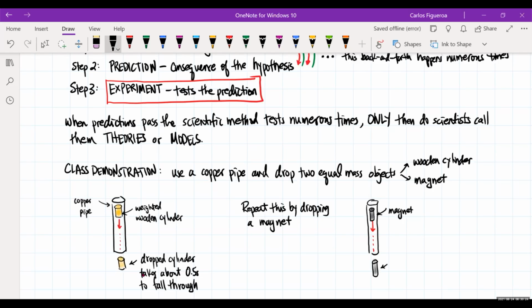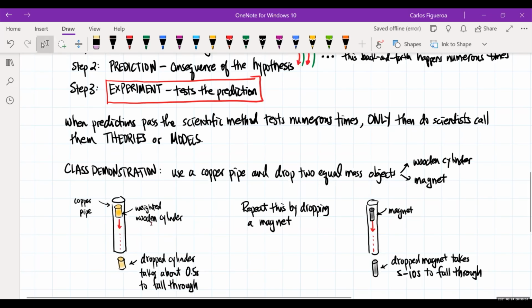What you find is that the dropped magnet takes 5 to 10 seconds to fall through. And most people will go like, wow, what just happened?